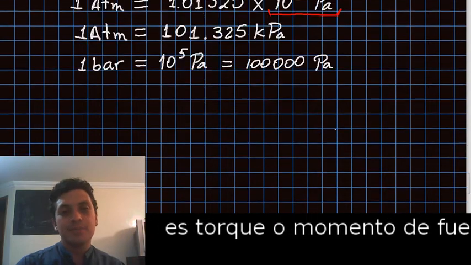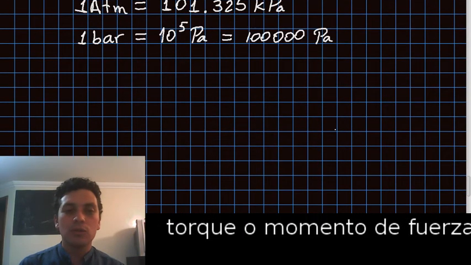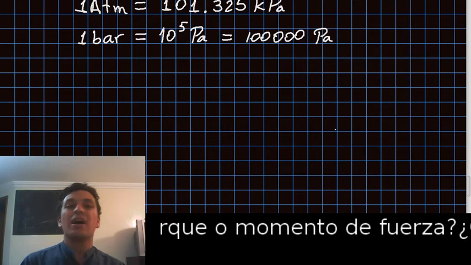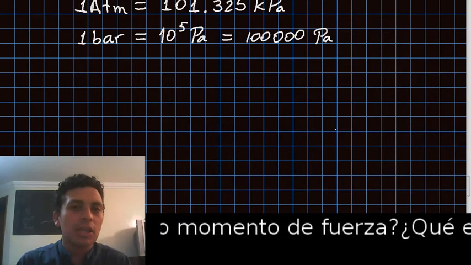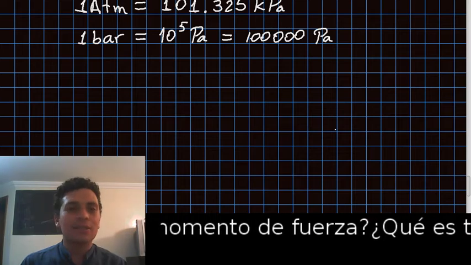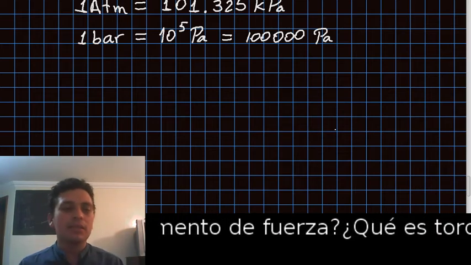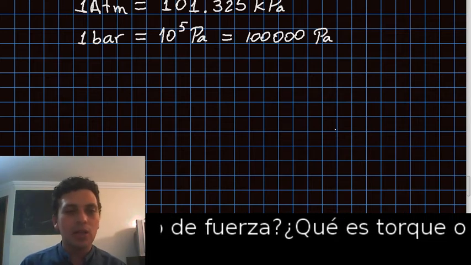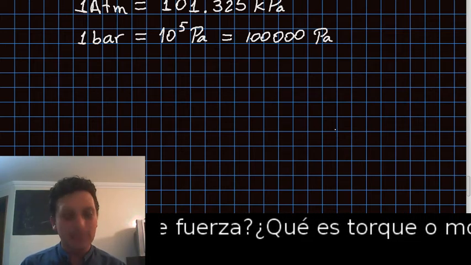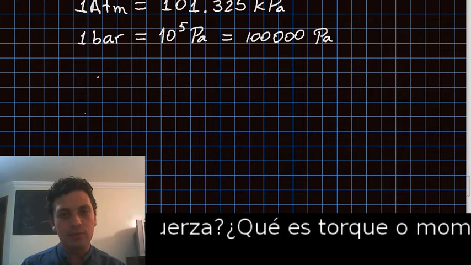Finally, the last unit I want to talk about is highly used. I have seen this unit mostly in cars, in mechanics, because it's very used in Europe and the States, and it's called the PSI.